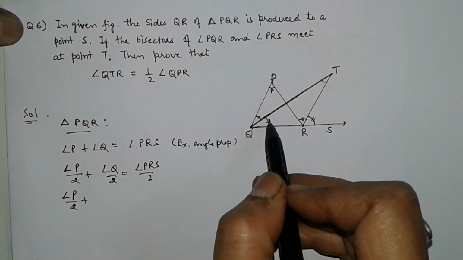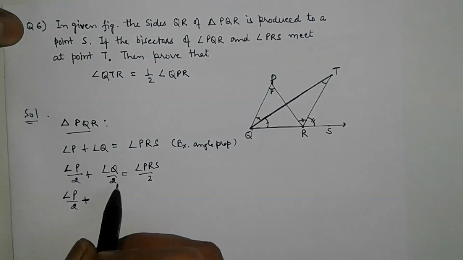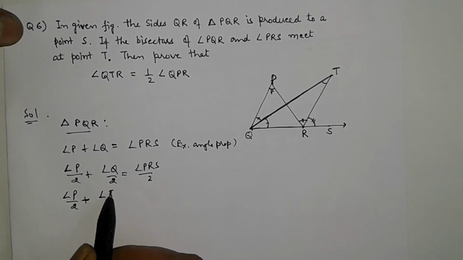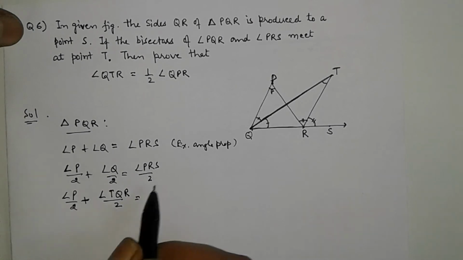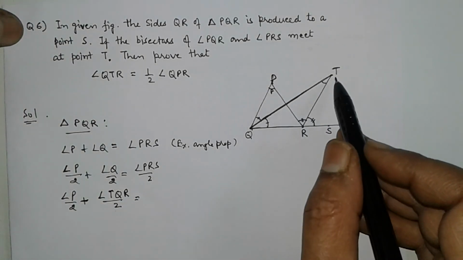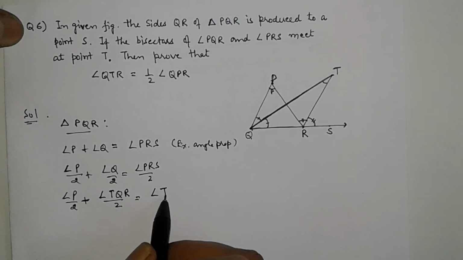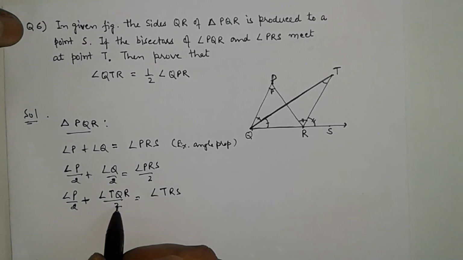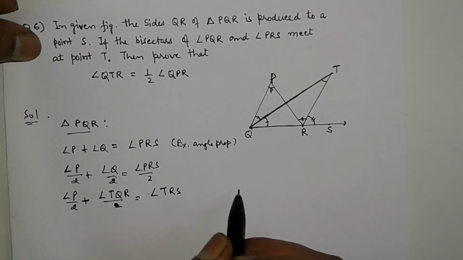Q by 2 is equal to angle TQR, and PRS divided by 2 means angle TRS. So this is equation number 1.